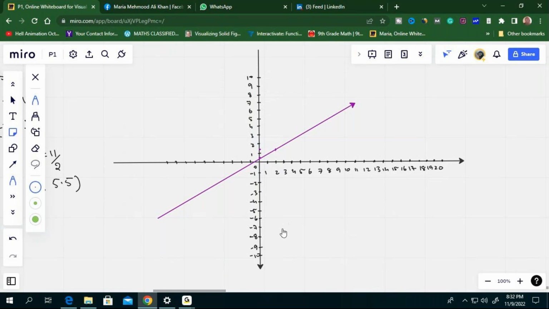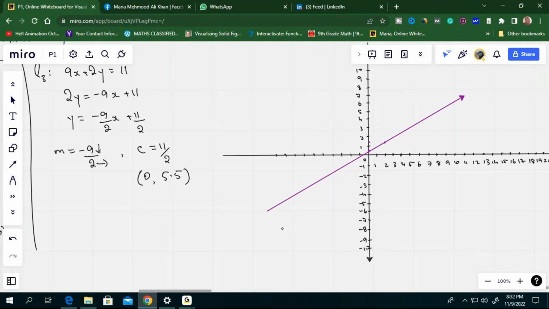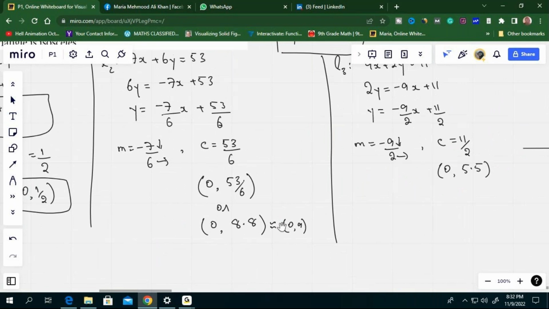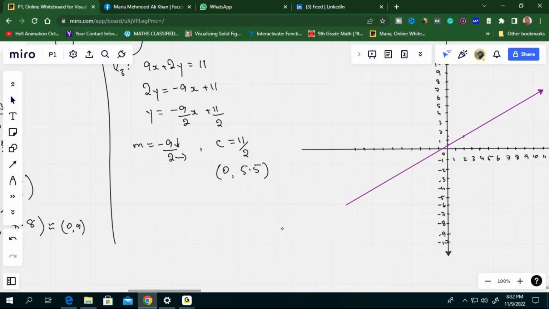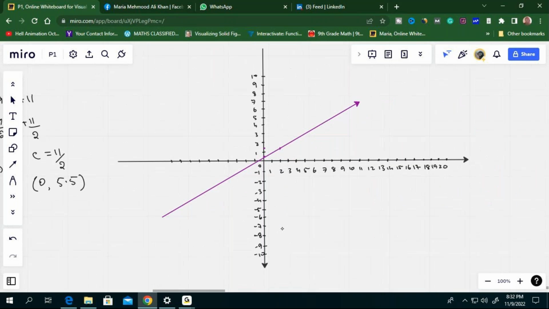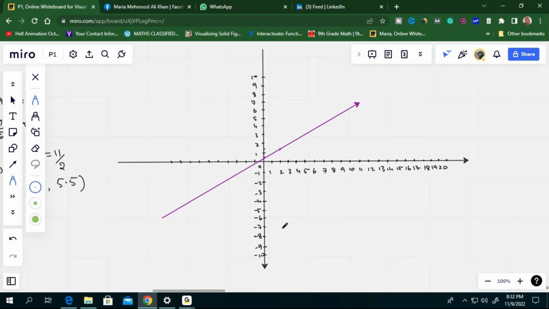And now I'm going to pick up my second line, and the y-intercept of the second line was 0.9 or 0.88, so approximately I'm taking 0.9, and then I'm going to shift it 7 units down and 6 units right. So 0.9 is here, almost, maybe a little below. I'm just picking up 0.9.